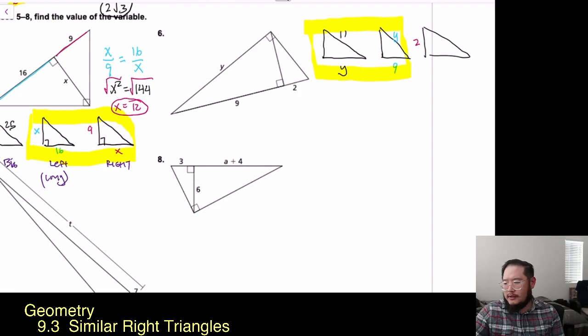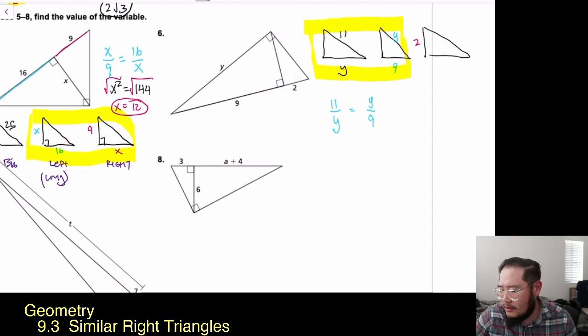So let's do it. We got 11 over y, the one that's both hypotenuse, equal to y over 9, which happens to be the long legs for both triangles. All right. So just like that, we've set this up.